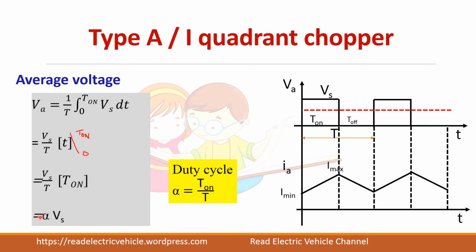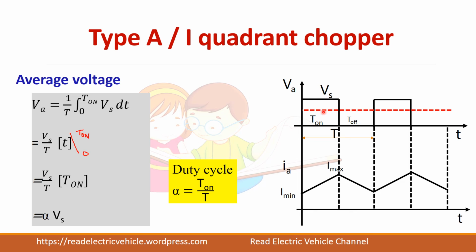That is the duty cycle alpha. Some people write alpha, some write capital D, and in some you have delta as the duty cycle. So you can follow anything. I have taken alpha equal to T on by T.